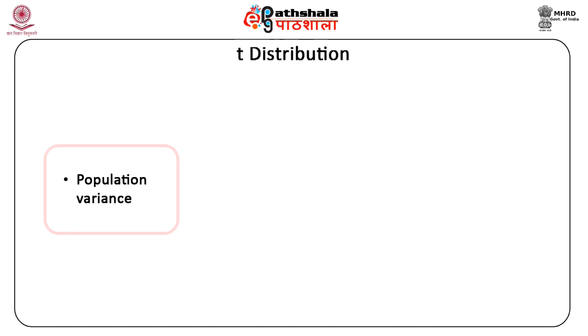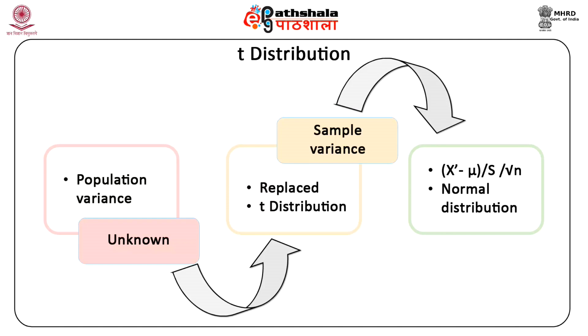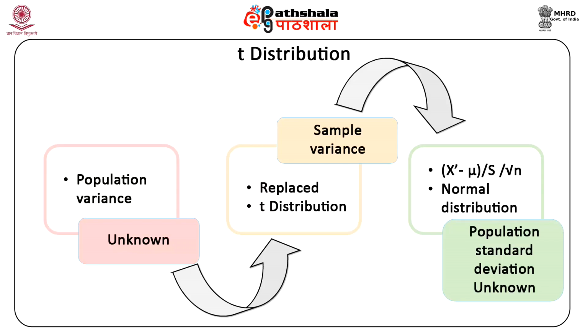However, when the population variance is unknown, it is replaced with sample variance. The t distribution thus discusses the exact distribution of x prime minus mu slash s slash square root n for random samples taken from normal distribution population when population standard deviation is unknown.